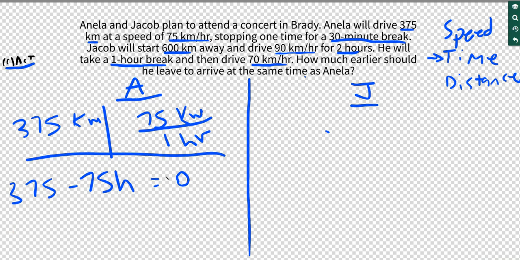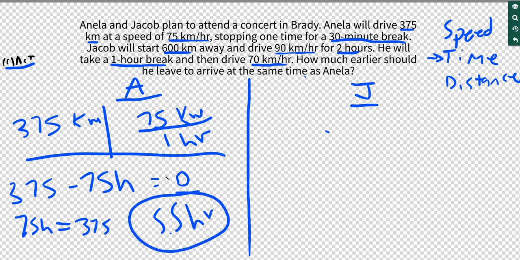Then we have to add 30 minutes, or 0.5, since it's in hours. So 375 divided by 75 is 5, plus 0.5, so it takes her 5.5 hours. So that's that. Now let's look over at Jacob.